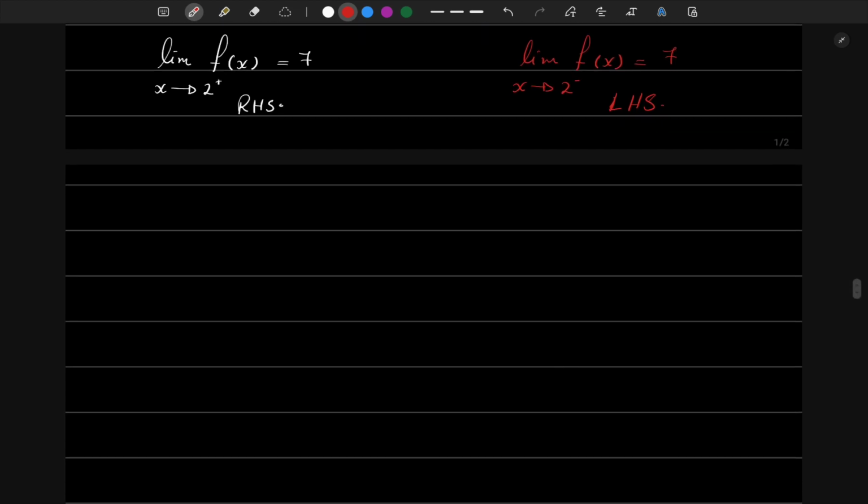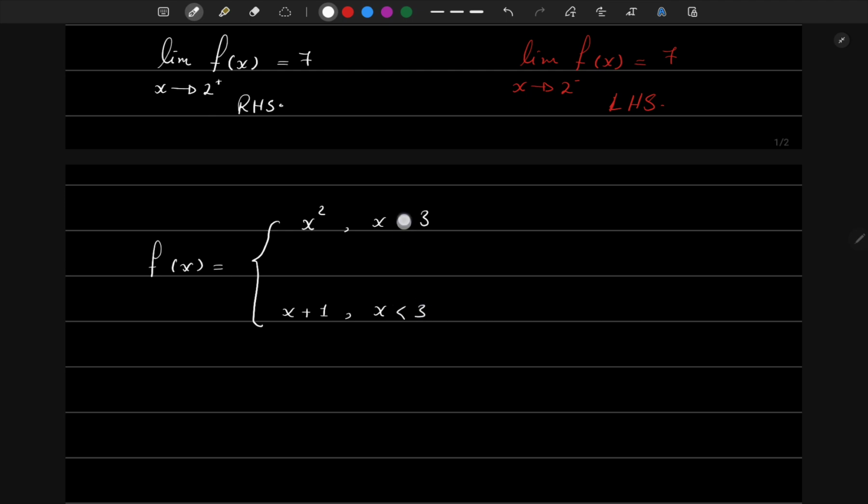We can have an example of a function like this. If f of x equals x squared when x is greater than or equals 3, but it equals x plus 1 when x is smaller than 3.